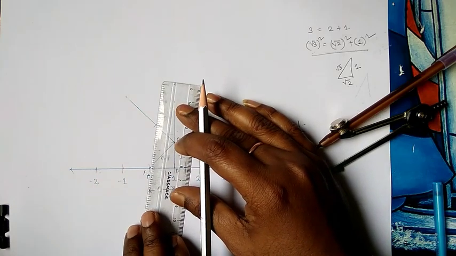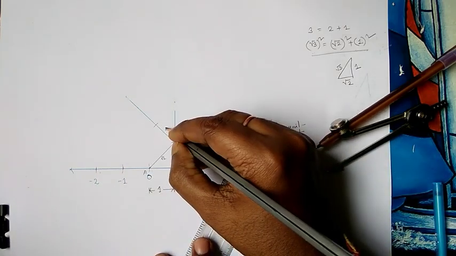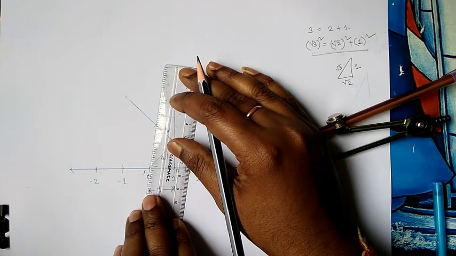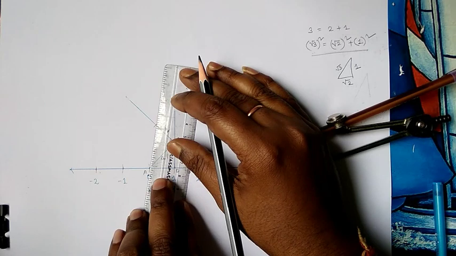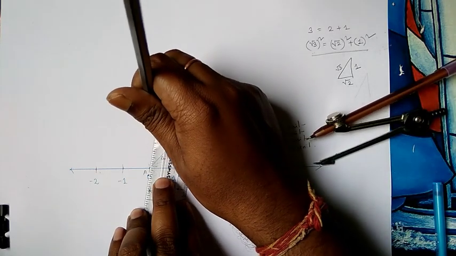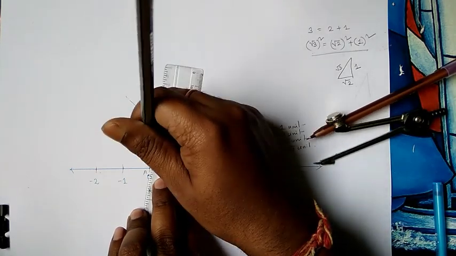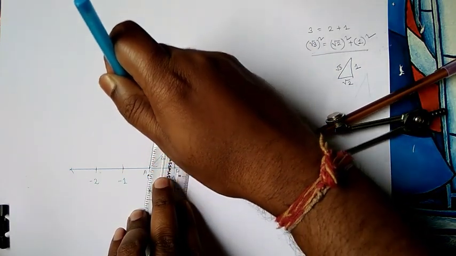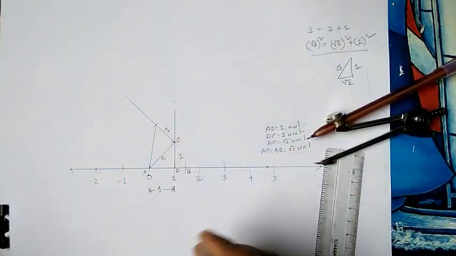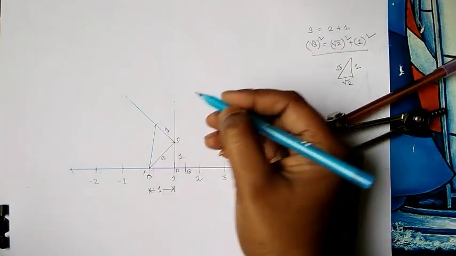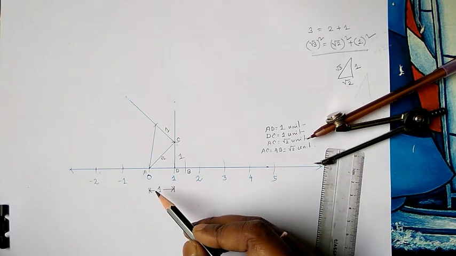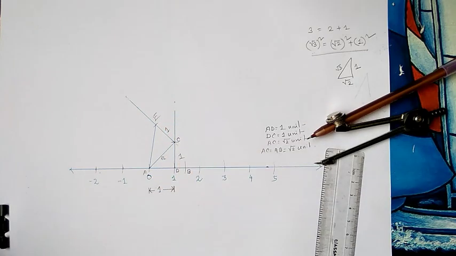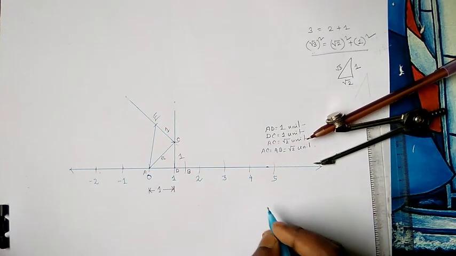And now what to do? It is 1 unit, you know. Now you give the name A, C, D, E. So you can write here now.